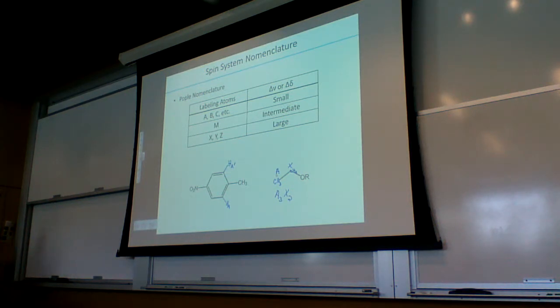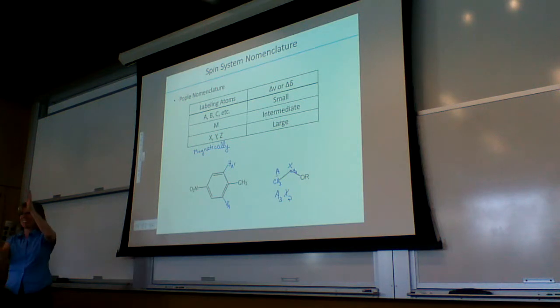Can you say that again? They're not equivalent. When they couple each other, they're not coupling each other exactly the same, right? Well, they couple each other, which means they're not the exact same thing. You can only have them be magnetically equivalent if they're not coupling each other, and they have to couple everything else in the exact same way.